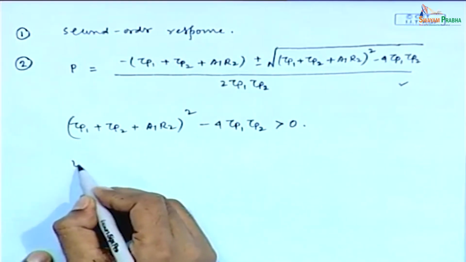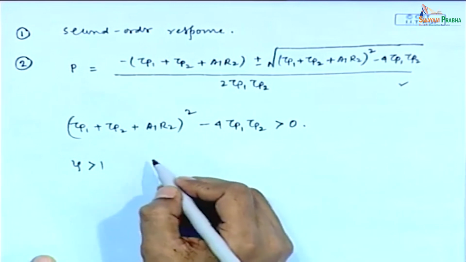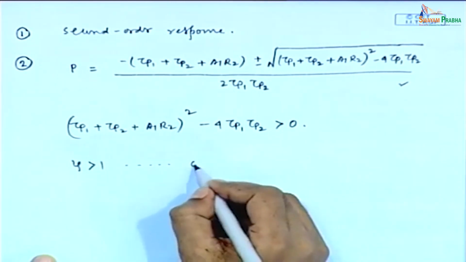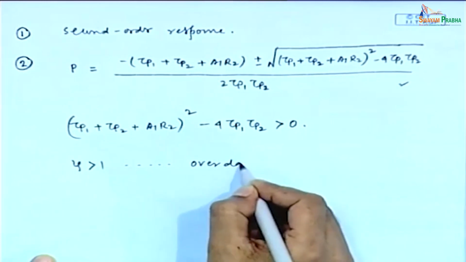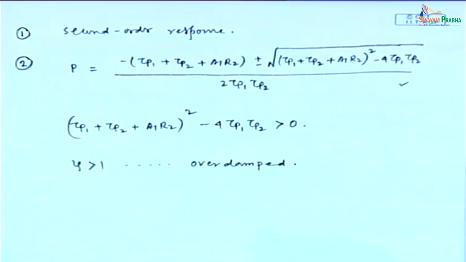The overall response is overdamped response. So, we obtain zeta greater than 1, and the response of interacting capacities is always overdamped.